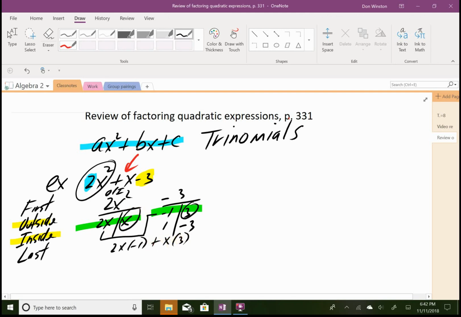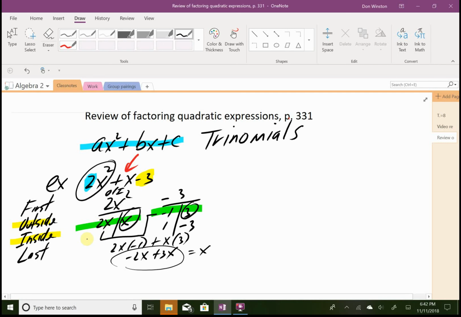I'm multiplying those two pairs of factors together. Well, let's see what I get. 2x times negative 1 is negative 2x, and then 3 times x is plus 3x. And I think that is going to give it to me, because when I add these two terms, I get a positive x.